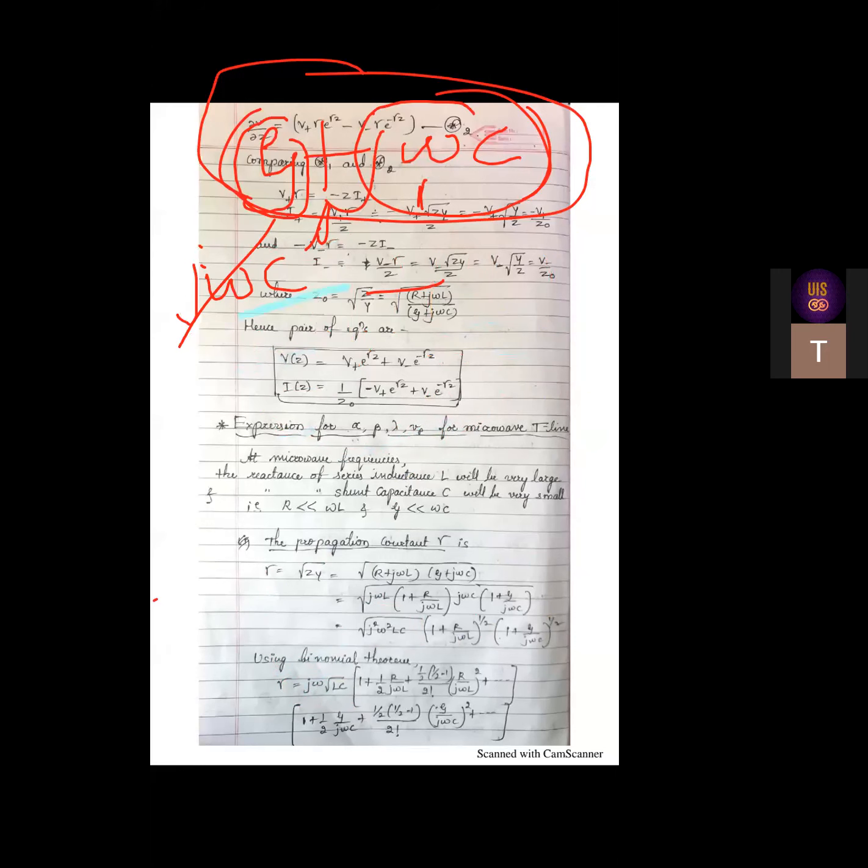Now let me apply the binomial expansion to the first bracket. For the binomial expansion of 1 plus x raised to n, what is the power n? The power is 1 by 2.